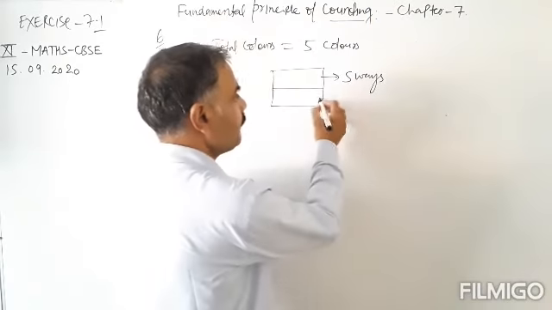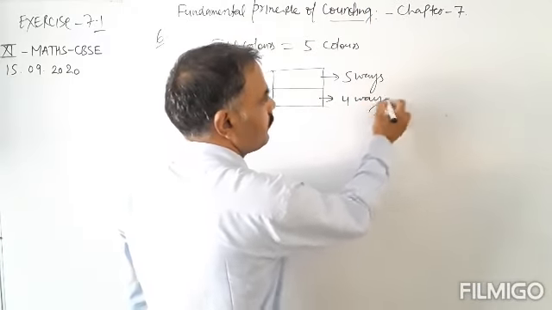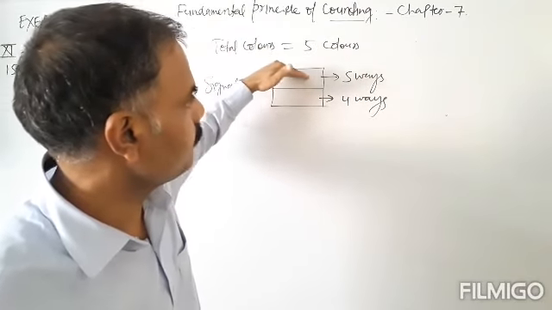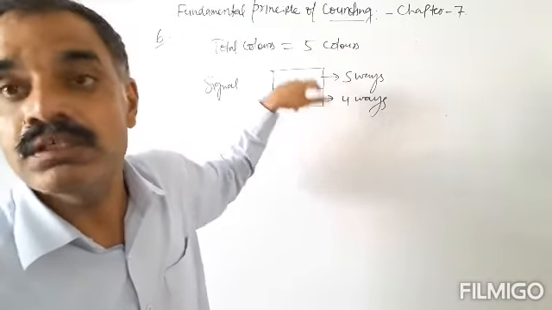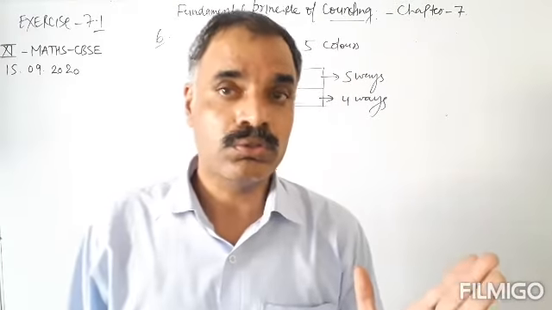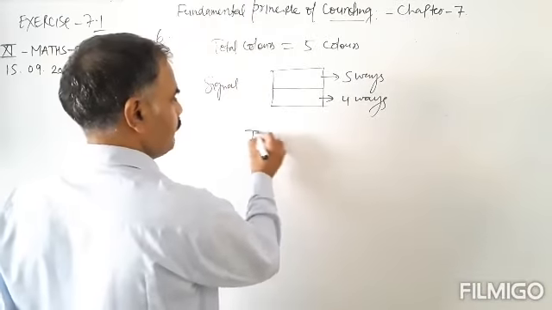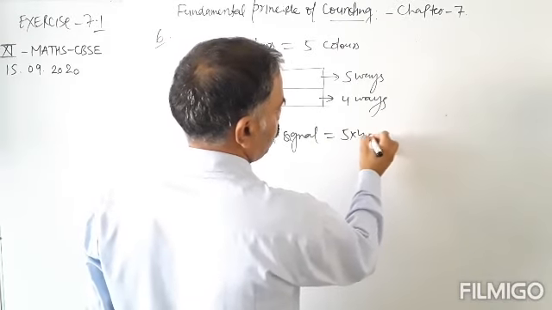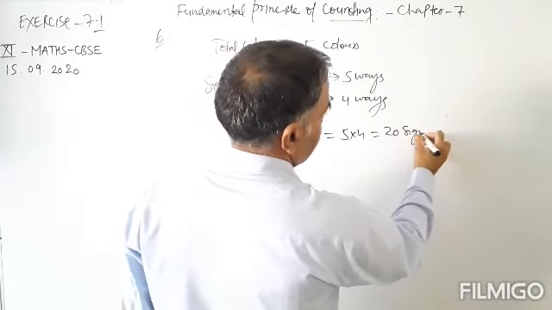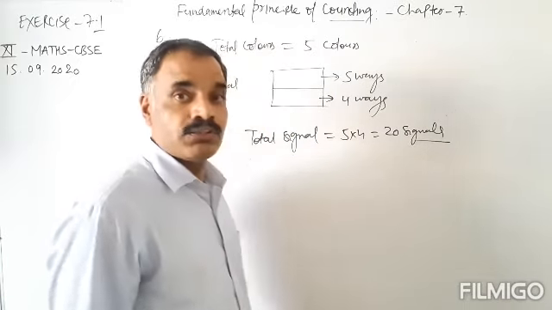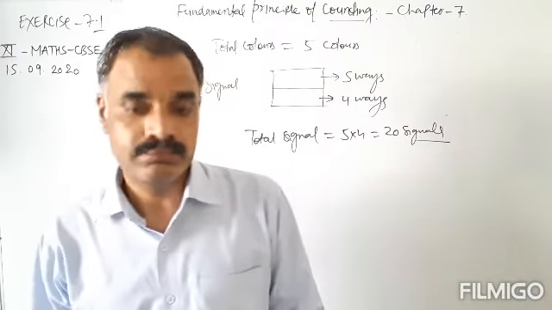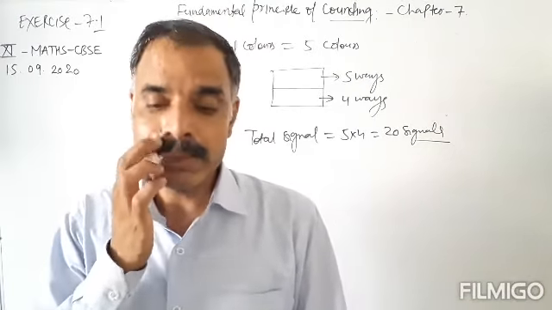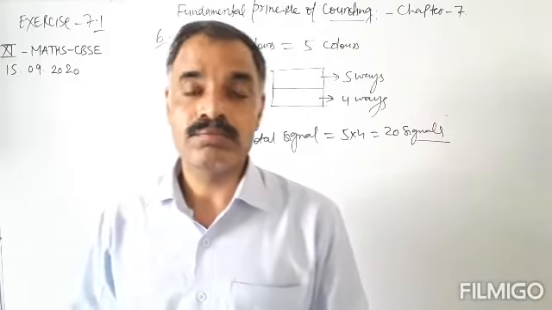Now in the second place we have 4 colors, because the color that we have already used in the first place cannot be used in the second place. So total number of signals that can be generated is 5 into 4 equals 20 signals. This is the method of principle of counting, and this method makes the counting very easy.